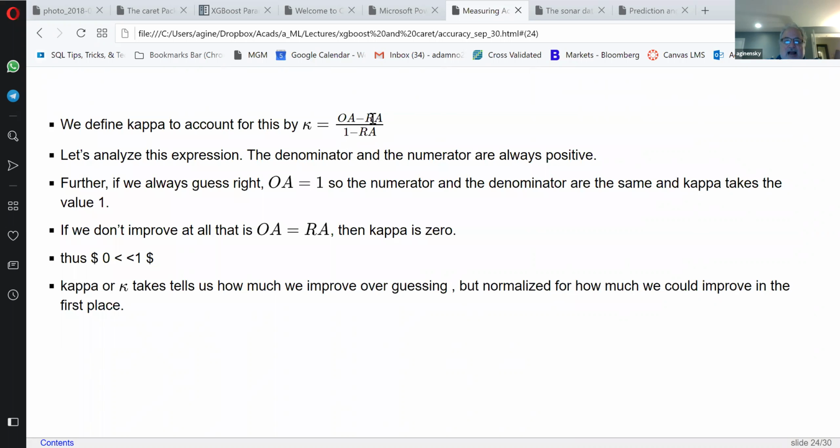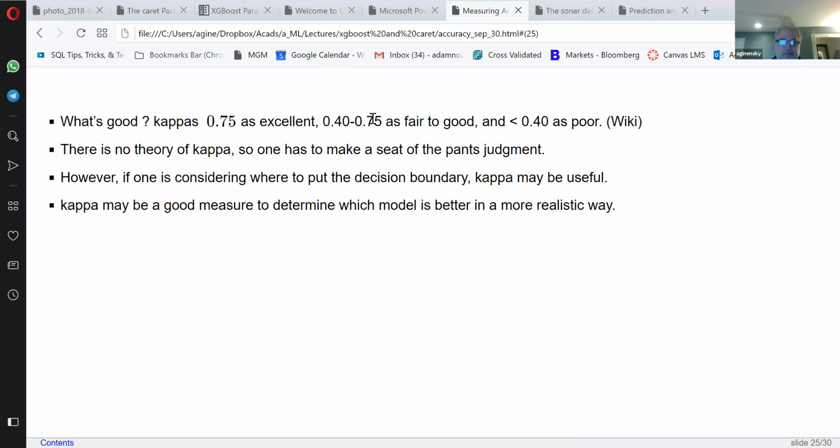And this tells you how much of what you could capture you have captured. So in the worst case, if you just take the random guess, kappa is 0. If you're perfect, if you get everything right, then you get an observed accuracy of 1, and your kappa becomes 1. So kappa is between 0 and 1, and it tells you how much you can improve. So it's a very useful thing, and you see it in a lot of places, including in Caret.